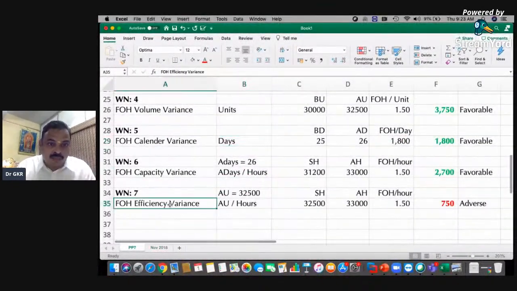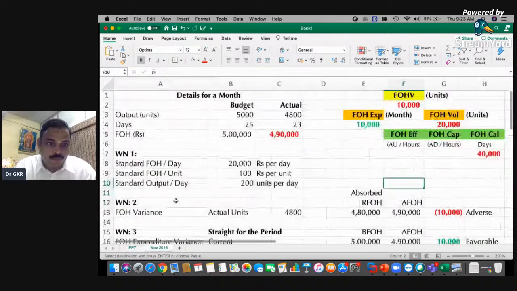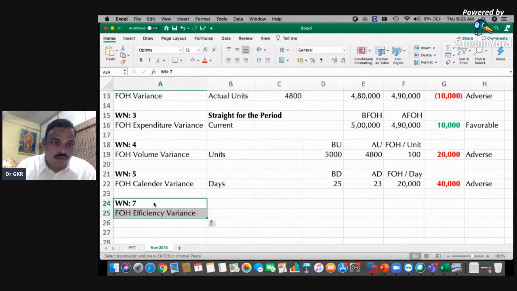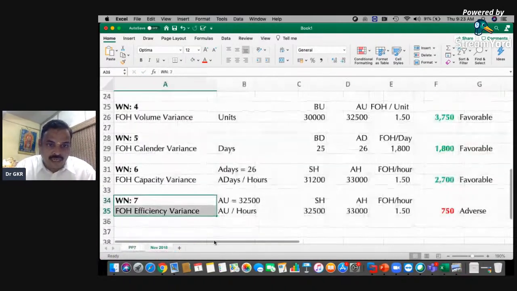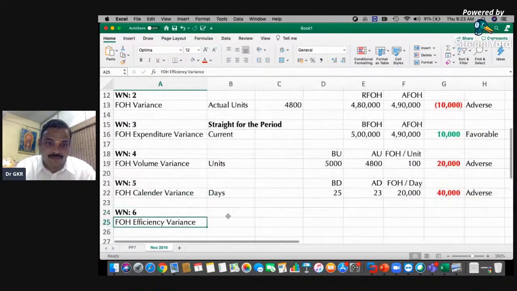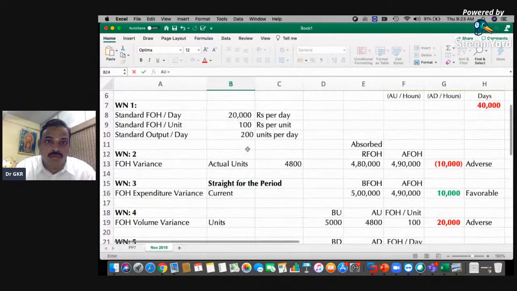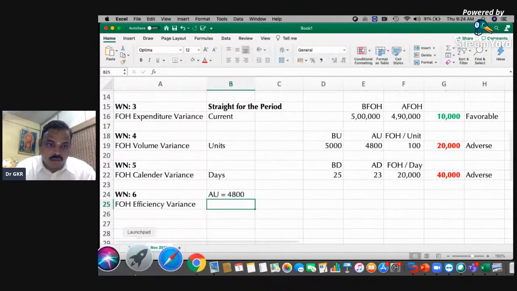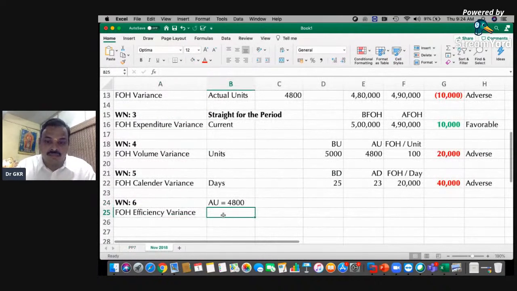Efficiency is always with respect to actual units, with respect to hours. I am going to do efficiency, don't worry. Here the actual units is 4,800. Actual units with respect to hours, but hours is not given.